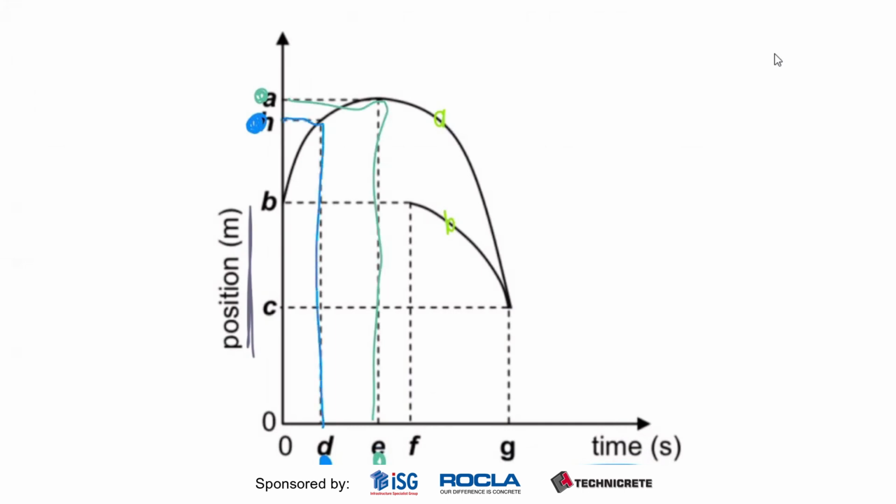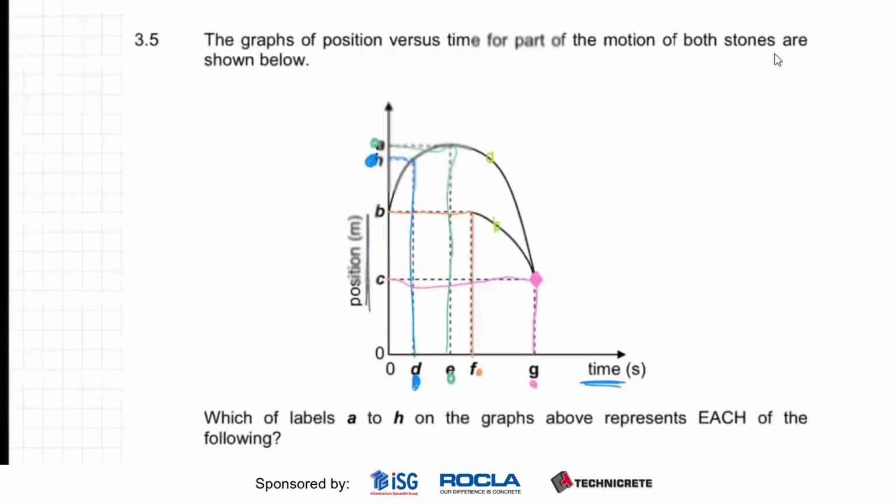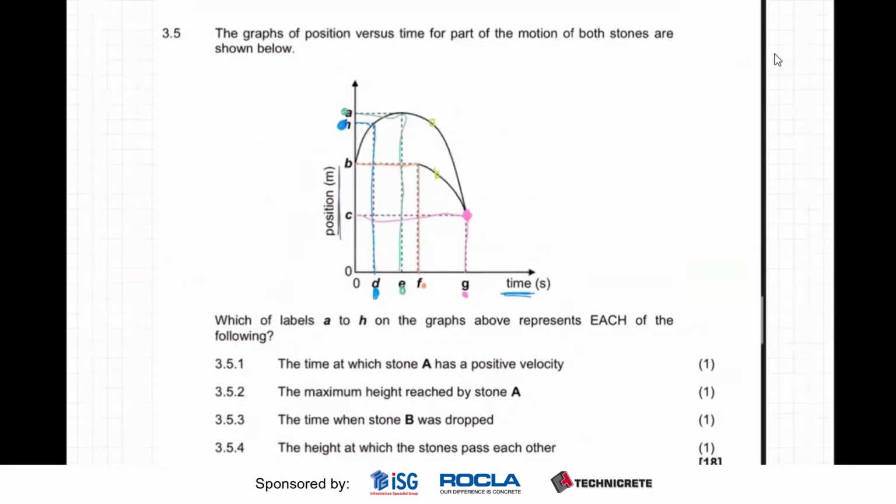And at time F, stone B is at position B. And at time G, both stone A and B are at position C. So at position C, this was when they met and then stone A overtook stone B.